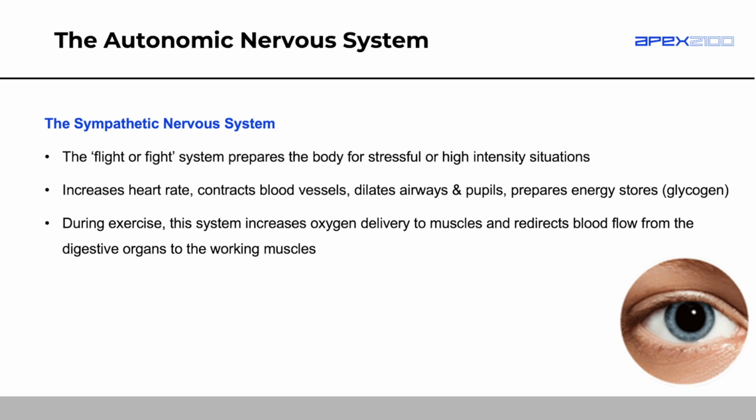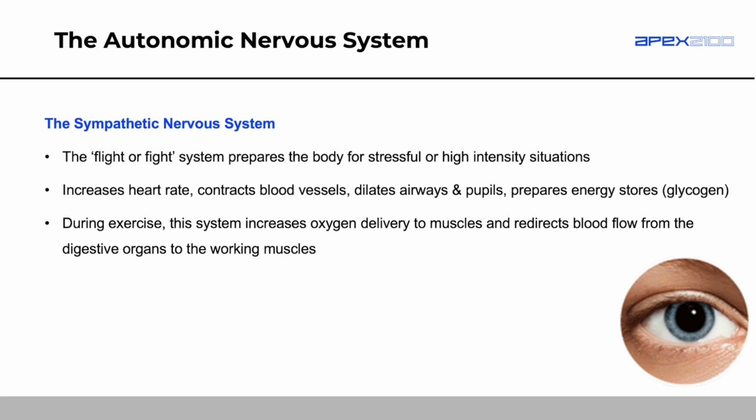When we're exercising, this system increases oxygen delivery to the muscles and redirects blood flow from the digestive organs to the working muscles. So we want this system to be working somewhat when we're exercising, because especially if we're doing high intensity exercise, we don't want to use valuable oxygen and blood on digesting what we've just eaten for lunch.